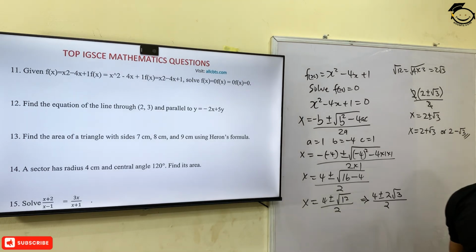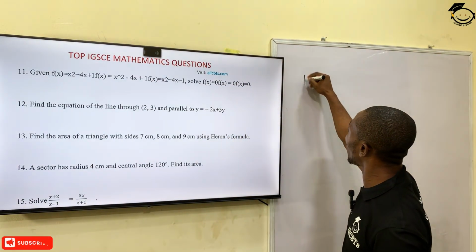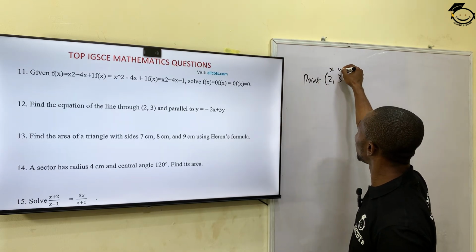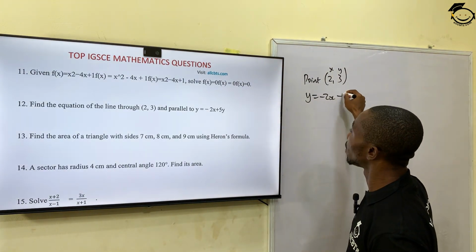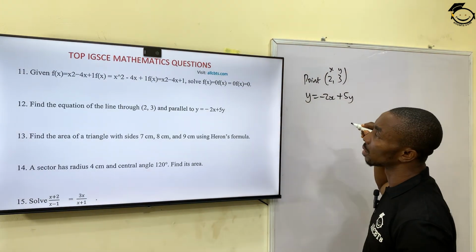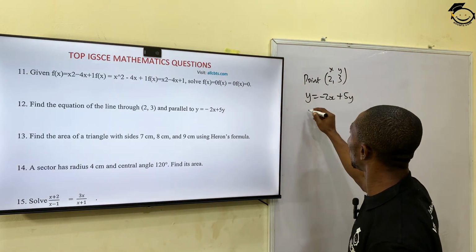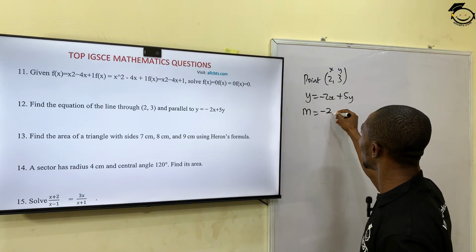Find the equation of the line through our point 2 and 3, that's x and y, and is parallel to y equals minus 2x plus 5. From this equation, we know that our slope, the coefficient of x, is minus 2.